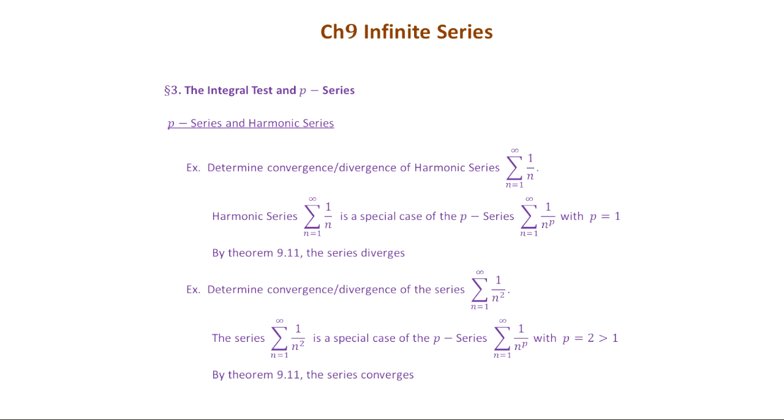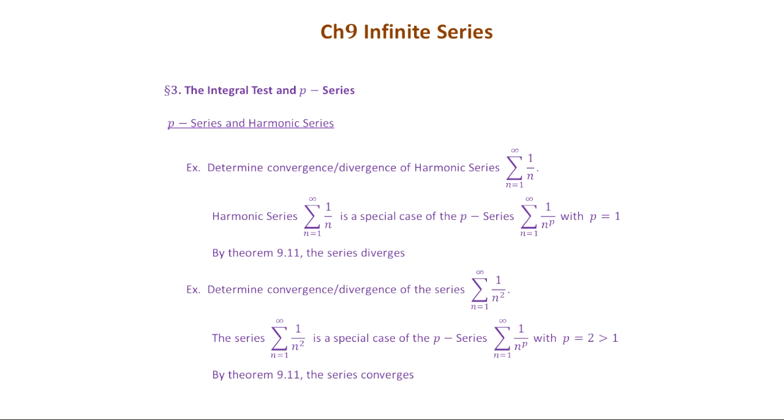When p is greater than 1, the p series converges. When p is less than or equal to 1, the series diverges. And so that's one example. The next example is, how about 1 over n squared? Obviously this is a p series with p equal to 2.